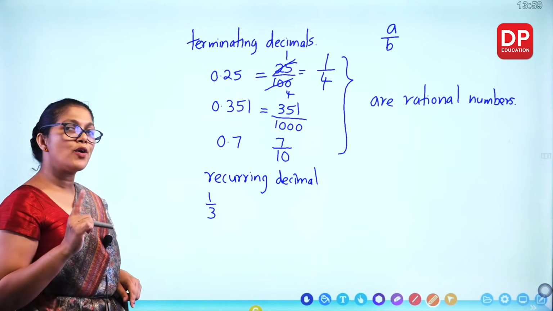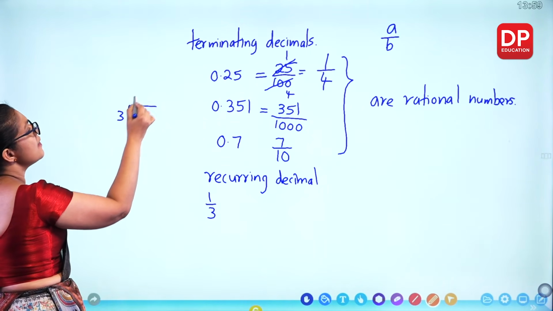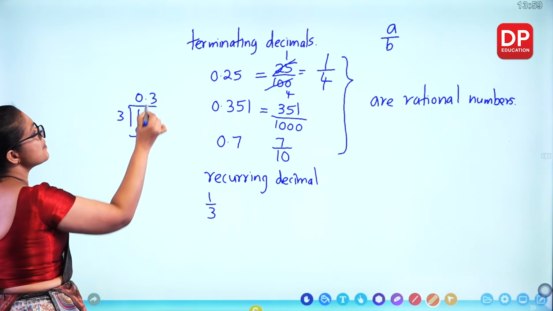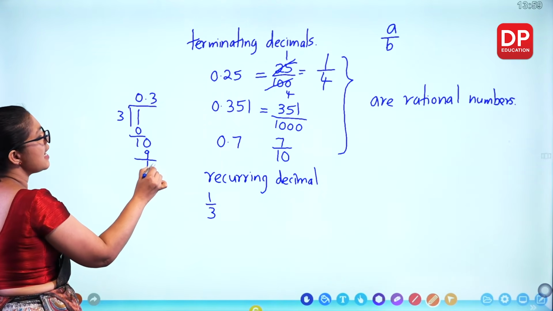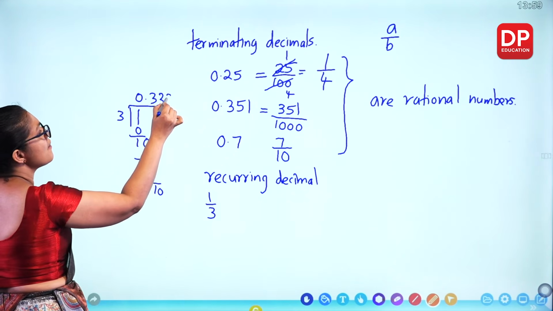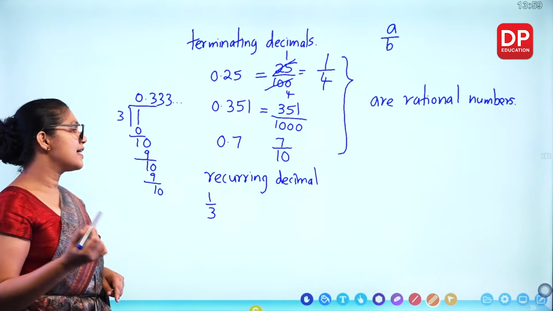When you take 1 divided by 3, 3 times 0, 1 there, so 10, 3 times 3, 9, again 10, 3 times 3, 9, again 10. So here can we see 3 is repeating again and again.